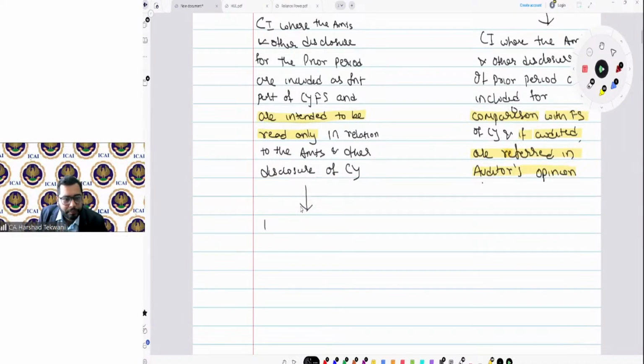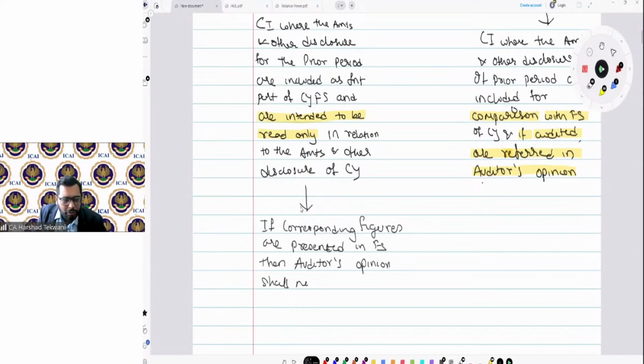The auditor's opinion shall not include corresponding figures.